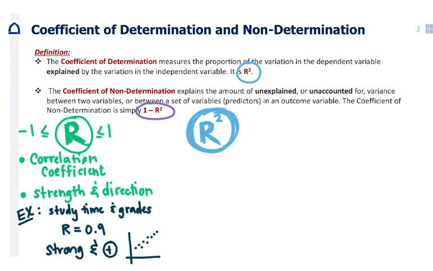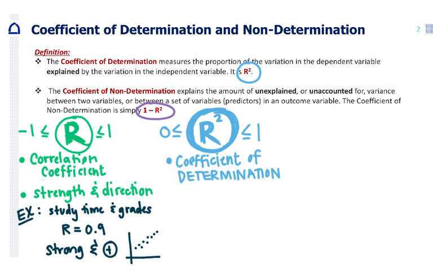And since the biggest r can be is 1 or -1, when you square it, 1 squared and -1 squared is just 1, and we're not going to have any negative values because we're squaring. So r squared is always going to be between 0 and 1. R squared is called the coefficient of determination, which is another measurement which tells us something else.